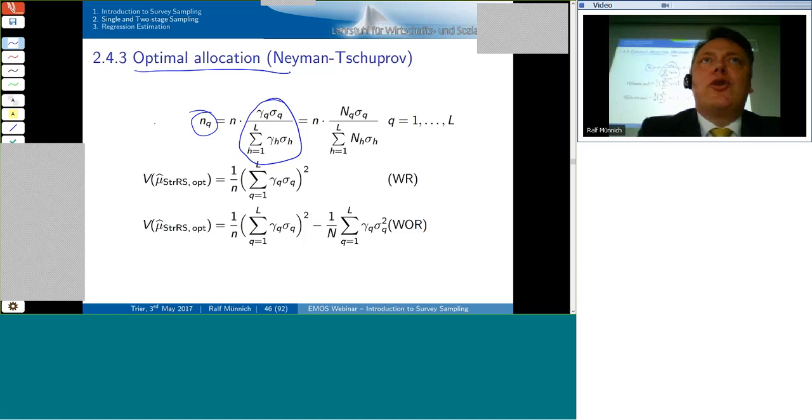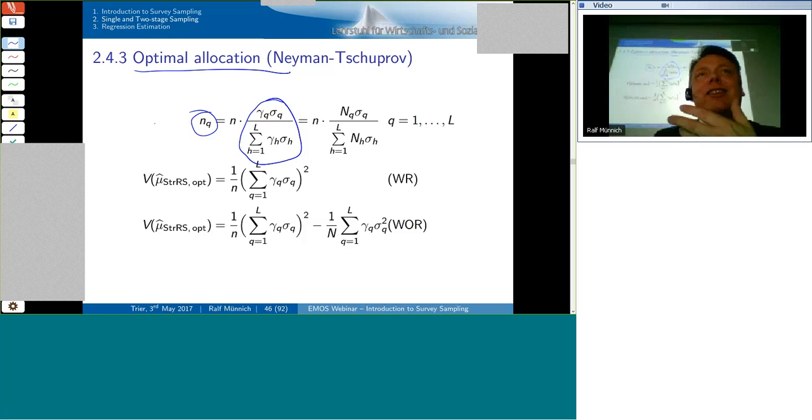By the way, that can also happen in equal allocation. If you have strata that are extremely unbalanced in terms of size, then you have to be very careful. That's a big disadvantage of the optimal allocation. Also, if some of the strata have very small variation of the values, the optimal allocation would say, okay, then we don't sample here, or we have almost no sample size.